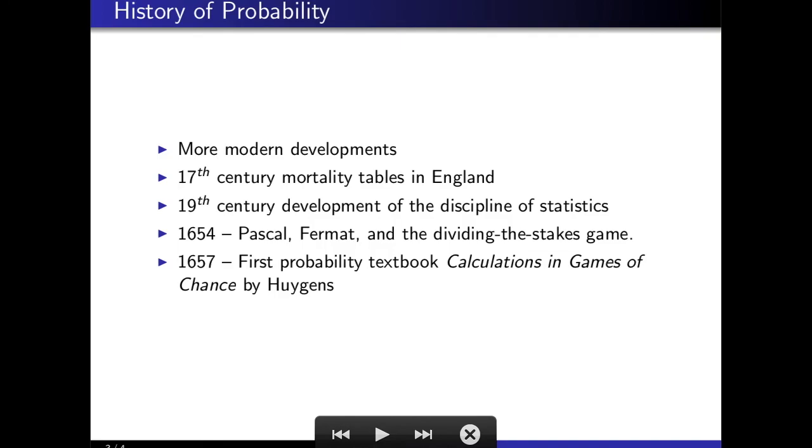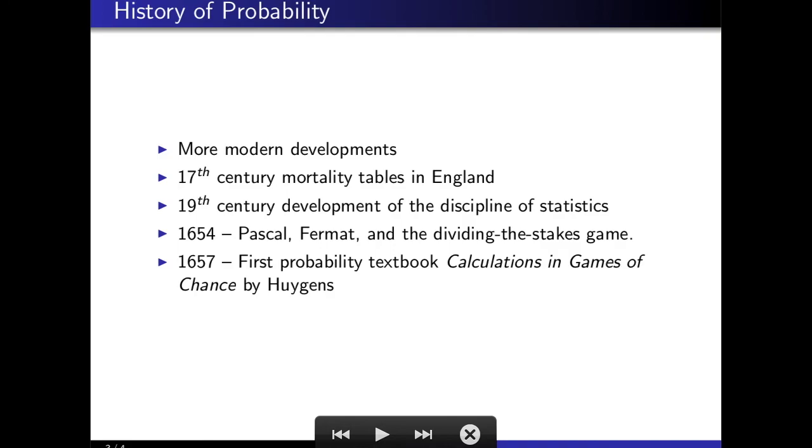So we have mortality tables coming from England in the 1600s that would be very useful to lay a lot of the very early groundwork in statistics. In the 1800s, we really see the first development of statistics as an academic discipline. Prior to that, there wasn't this formalized discipline of statistics going on.